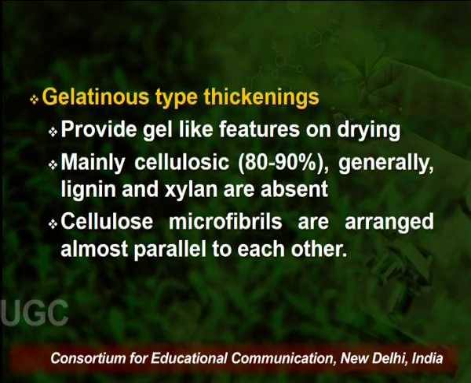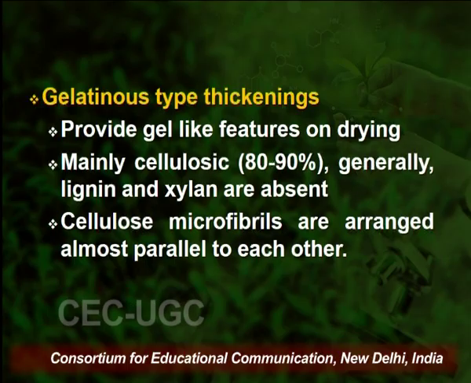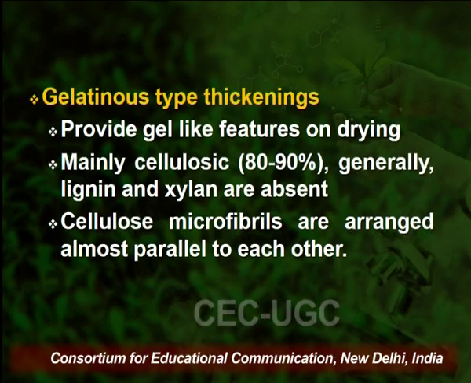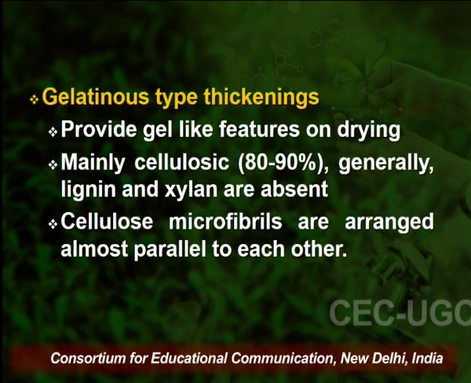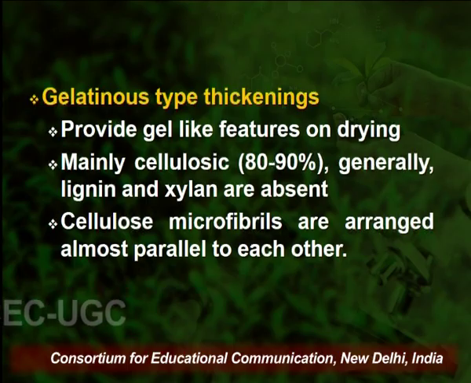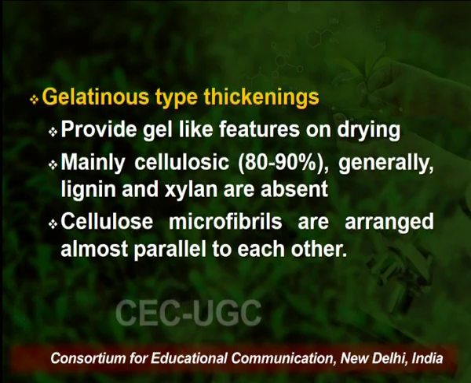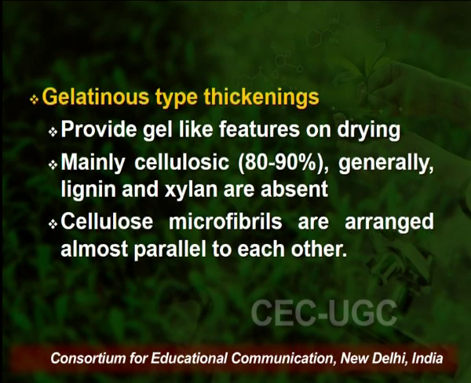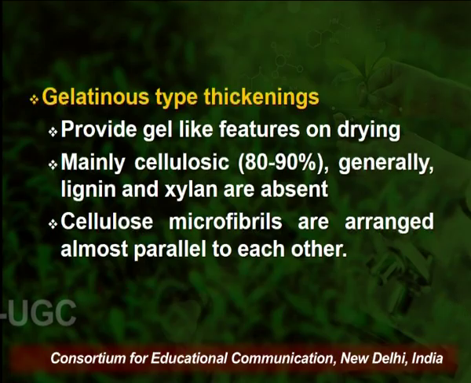Now, as the name gelatinous indicates, they provide gel-like features on drying, and like xylem fibers, they are mainly composed of cellulose, though the concentration of cellulose is very much higher in comparison to the xylem fibers, and it constitutes around 80 to 90% of the total fiber composition.